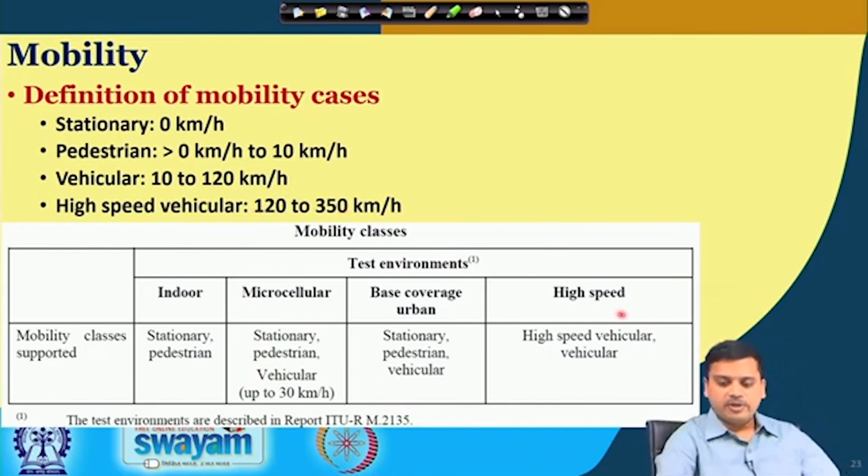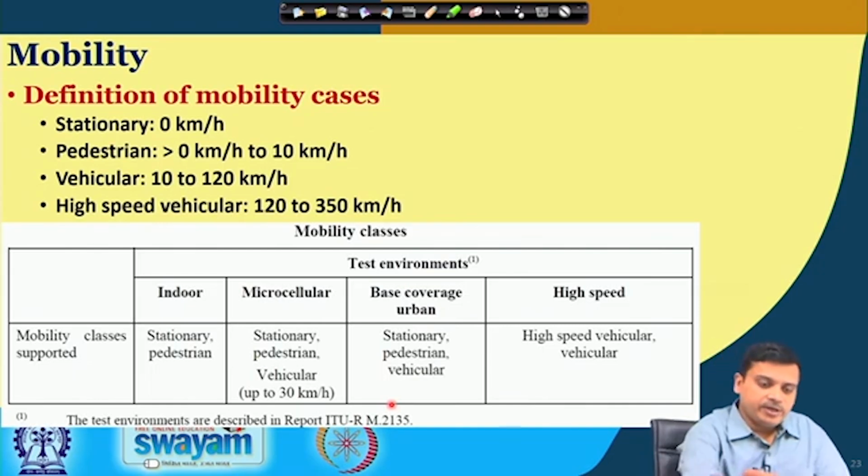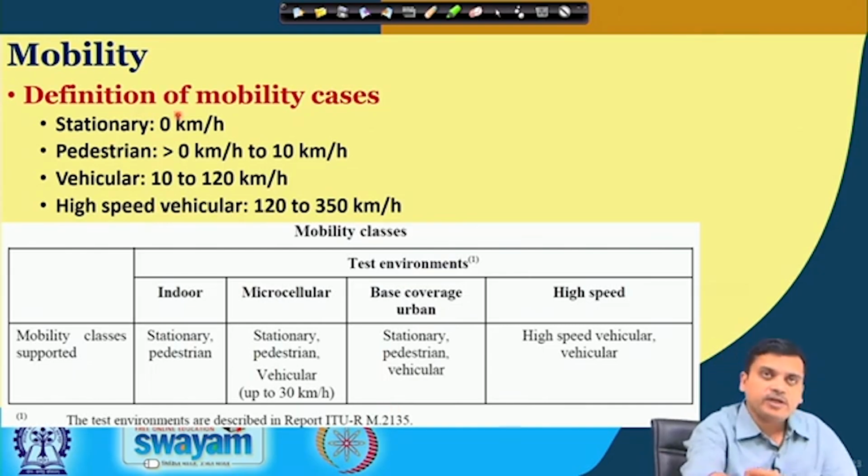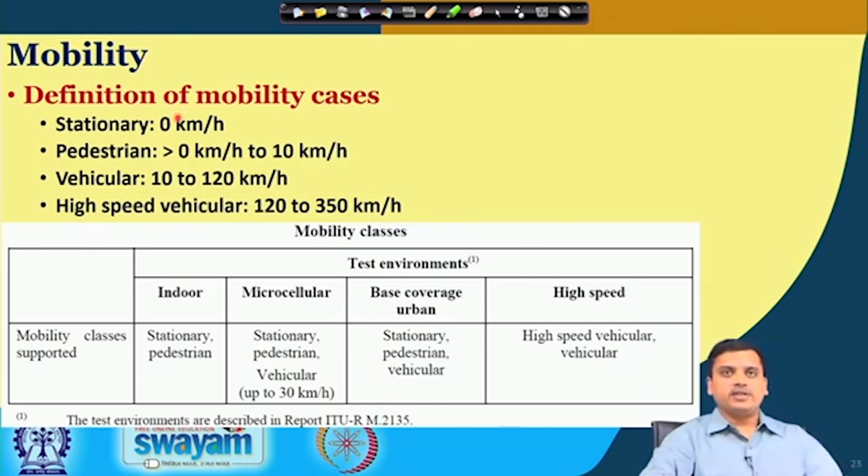High speed vehicular is usually associated, as per these documents, with the rural environment, but that is specific to one particular evaluation scenario, whereas there could be other rural scenarios where it is actually reverse. So, rather than classifying as rural and urban, which is mainly to do with the multipath environment, separately specifying mobility as defined over here makes things clearer. For example, one can have urban with high mobility.